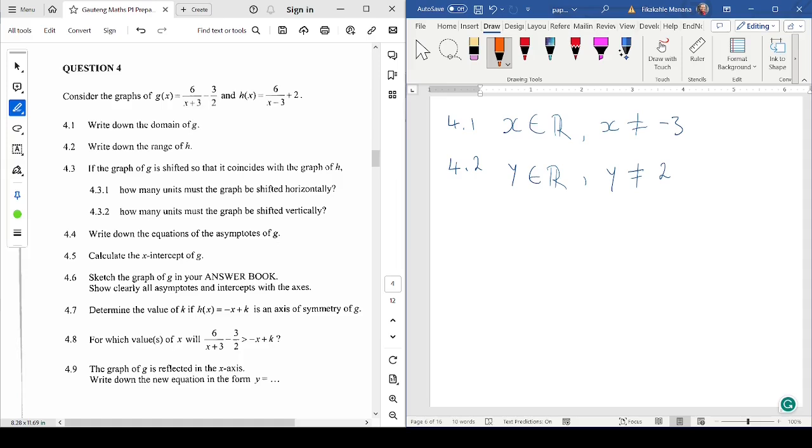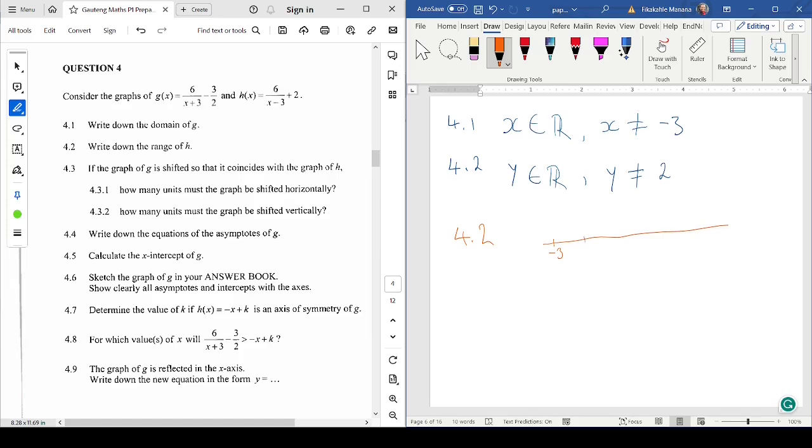Horizontally, we're talking about the x-axis. The graph of G starts at negative 3, and the one of H is at positive 3.